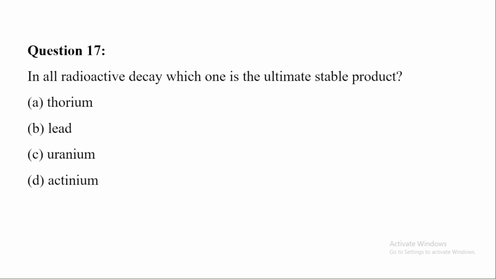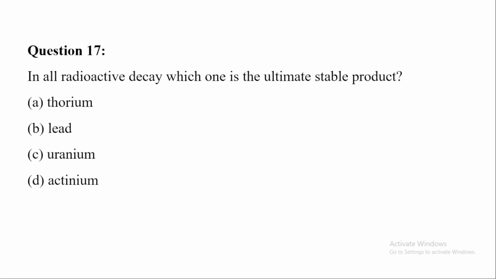The next question is question number 17. In all radioactive decay, which one is the ultimate stable product? We have to tell: thorium, lead, uranium and actinium.